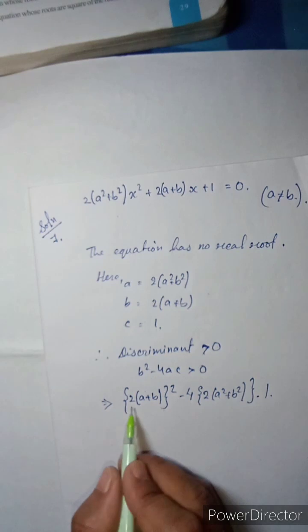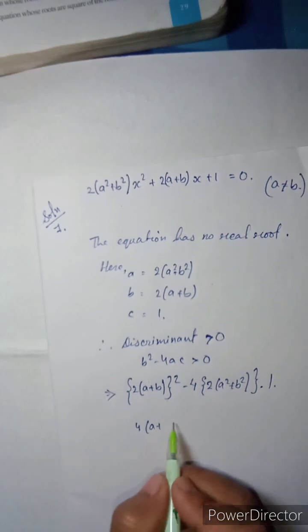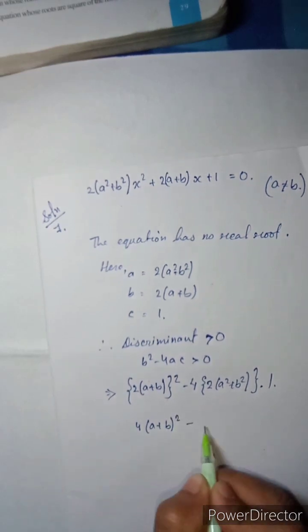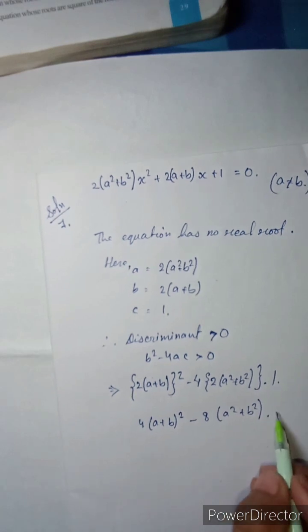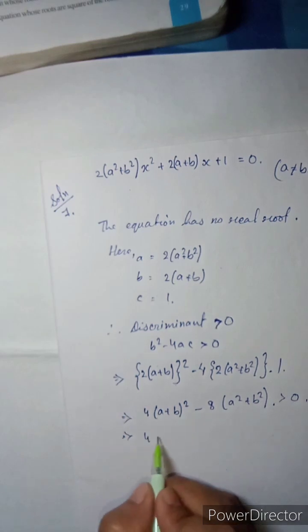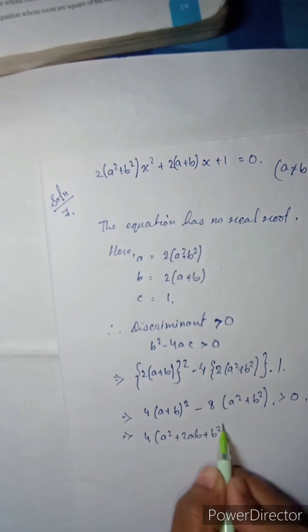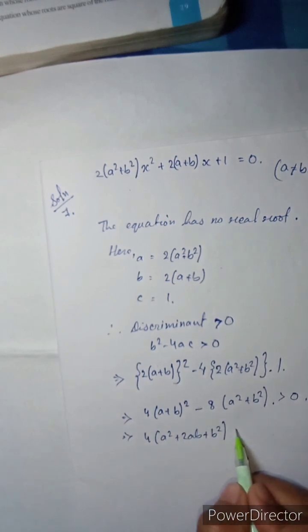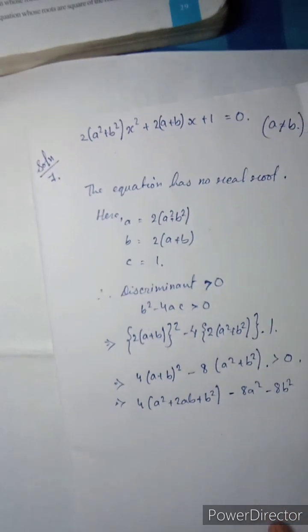Now I'll give this 2 squared here, 4 times (a plus b) whole square, minus 4 times 2, that is 8, times (a square plus b square), is not equal to 0. Now I'll put the formula: 4(a square plus 2ab plus b square) minus 8a square minus 8b square is not equal to 0.